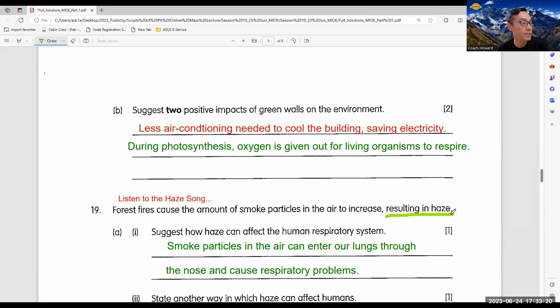So that's how haze can affect the human respiratory system. This is quite common sense, right? Because of the huge amount of particles released from the burning of forests. This area of forest is actually called hotspots in Indonesia. The smoke particles in the air can enter our lungs through the nose and cause respiratory problems.